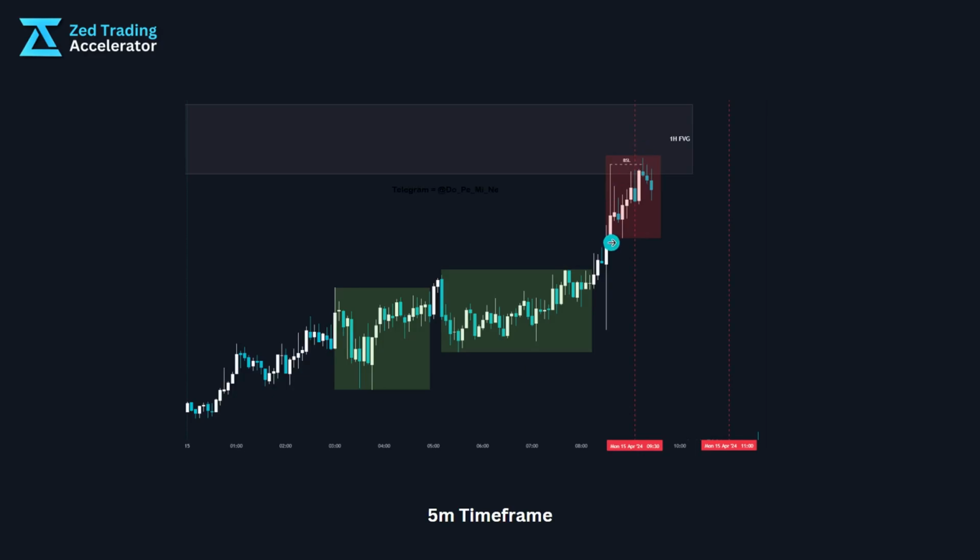We waited for price to reach time. As we can see, we are inside this New York kill zone. Price took out that buy side liquidity, at the same time reacting into that 1 hour fair value gap. Right now we wait for an entry position.